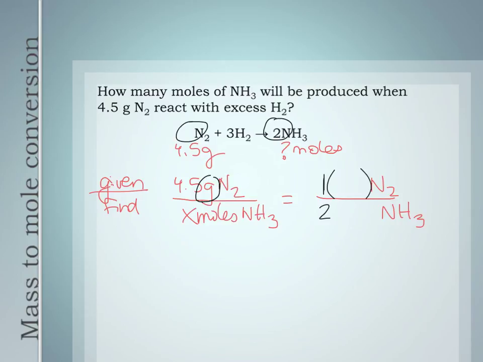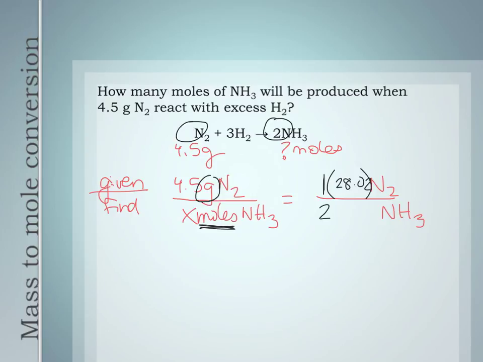So the molar mass of N2 is 28.02 because it's 2 nitrogens. Okay, and we don't have to put the molar mass in the bottom because we have moles there. We don't have grams. So again, we're going to cross multiply and divide. So let's see what we get. You do the math, I'll do the math. We'll see if our answers match.